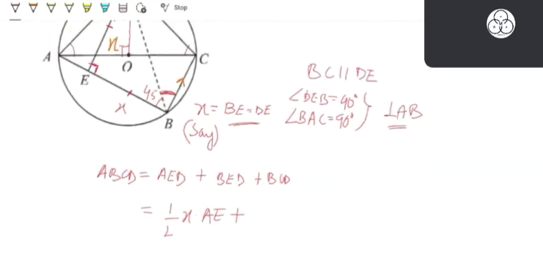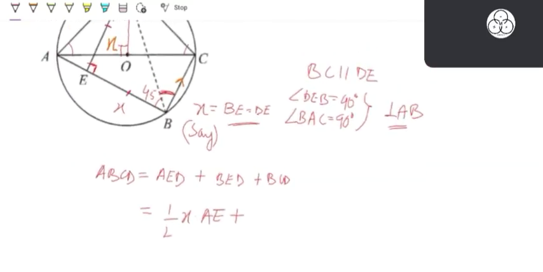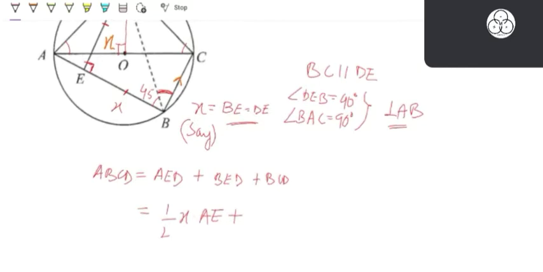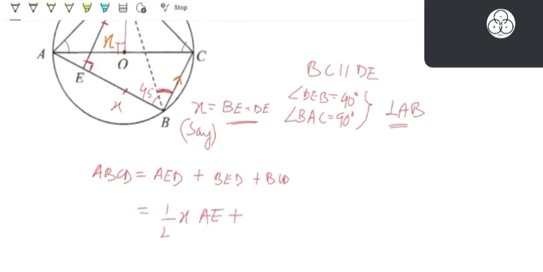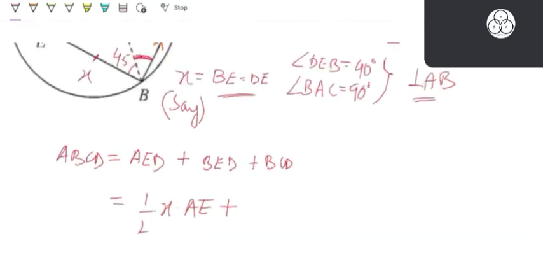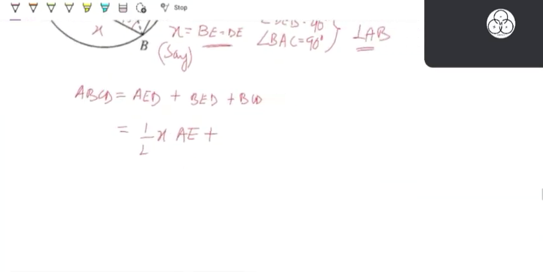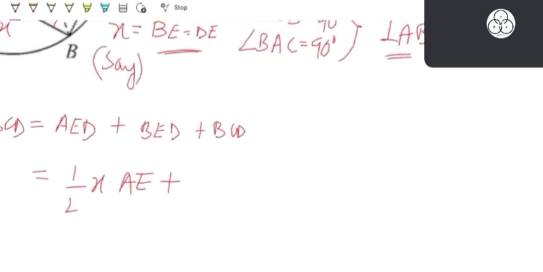Let us write AE in terms of, okay, we'll write it in the next step. Otherwise, you'll get confused. Half into BE, and BE equals DE equals X, plus half into BC into X.